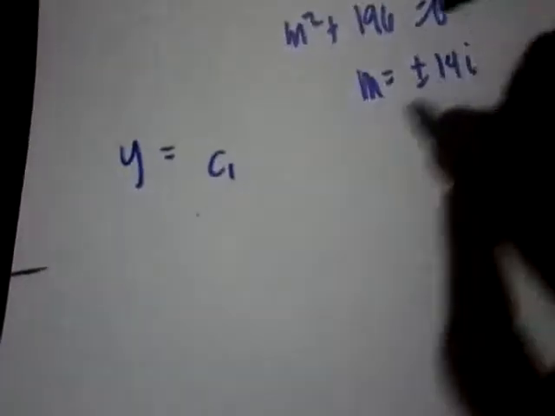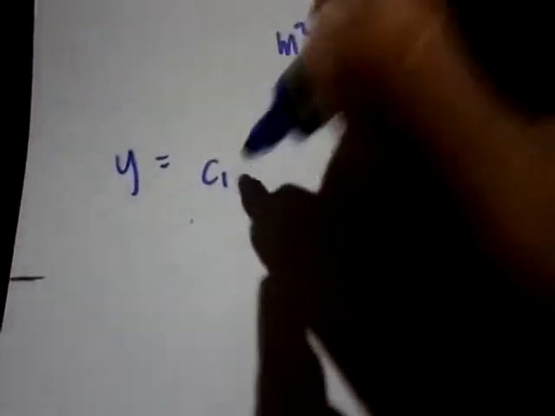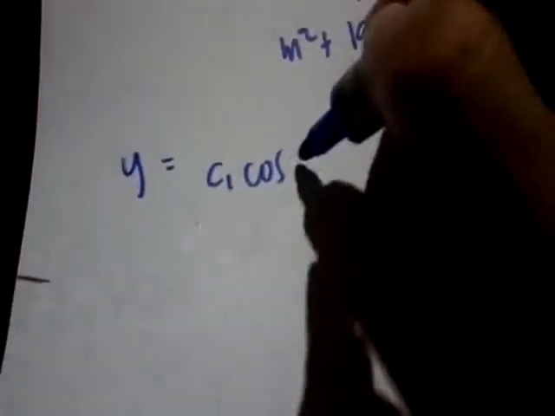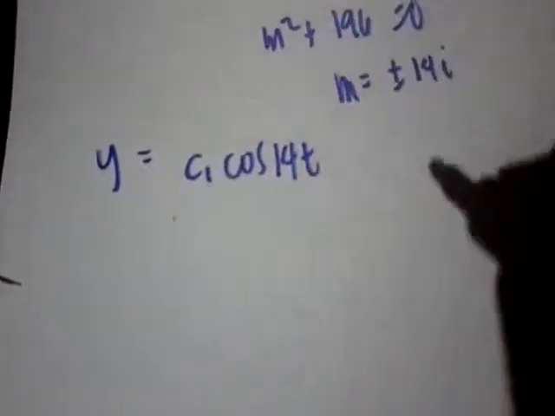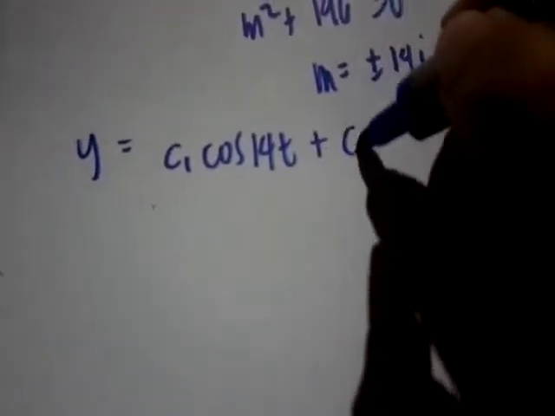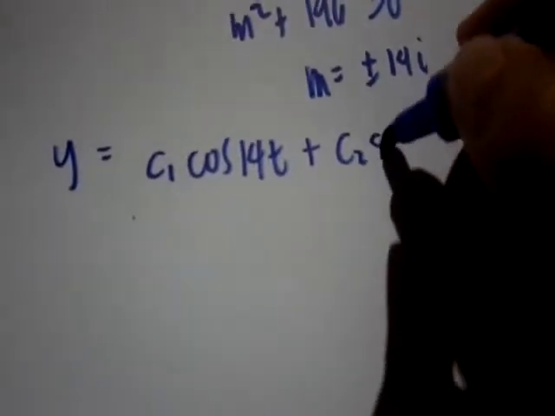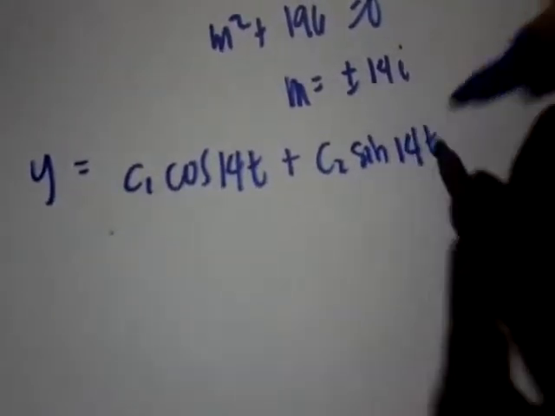So this is case 3, complex roots. So our y is equal to, there's no e to the 0, so c1 cosine 14t plus c2 sine 14t.